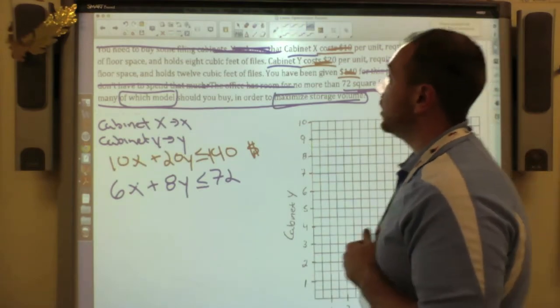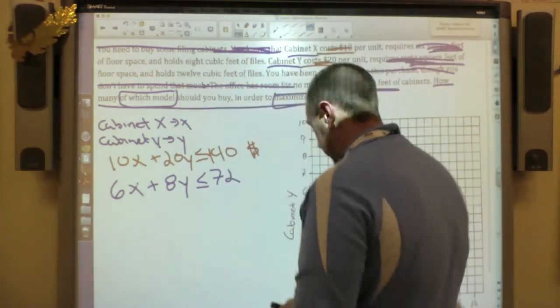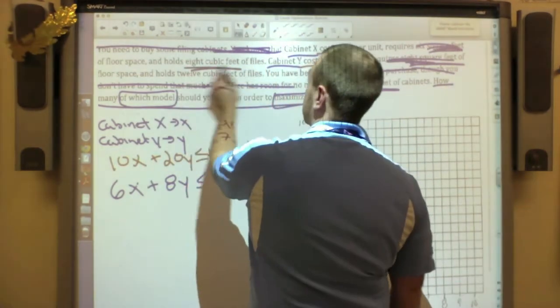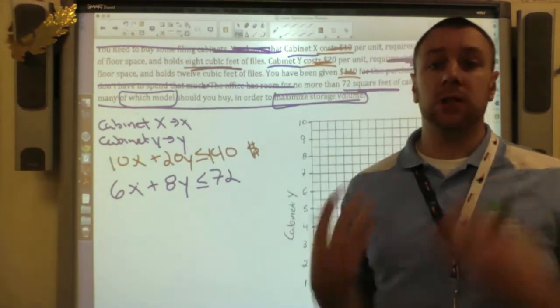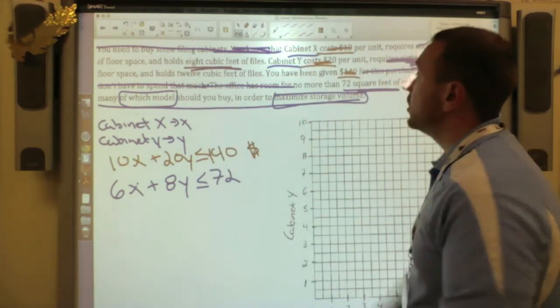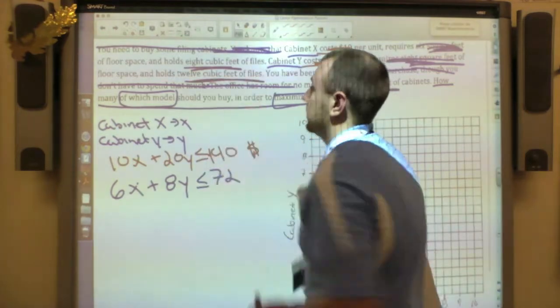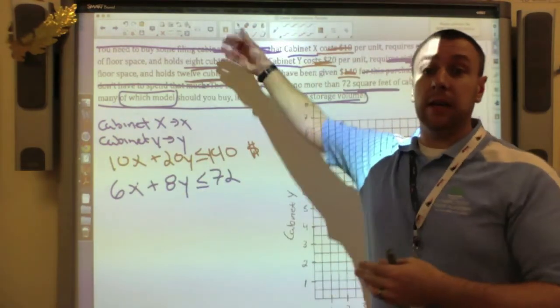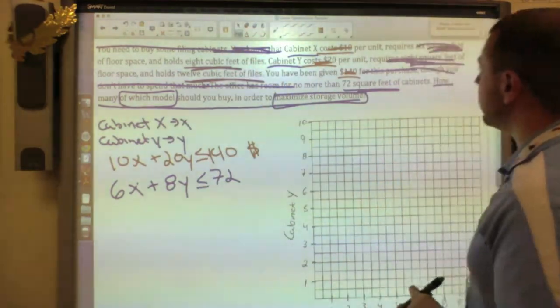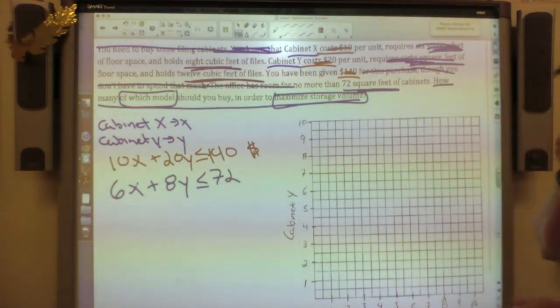Okay. And it holds 8 cubic feet. Unit goes with something. 12 cubic feet goes with the other cubic feet. Oh shoot.